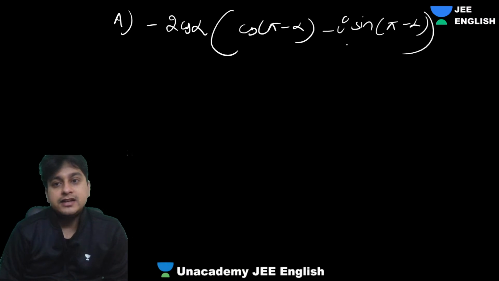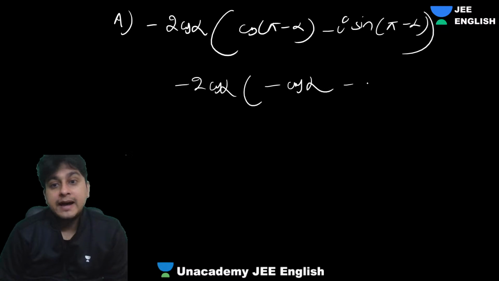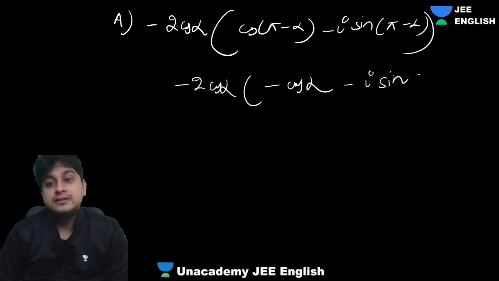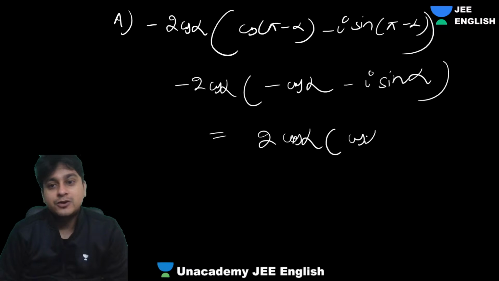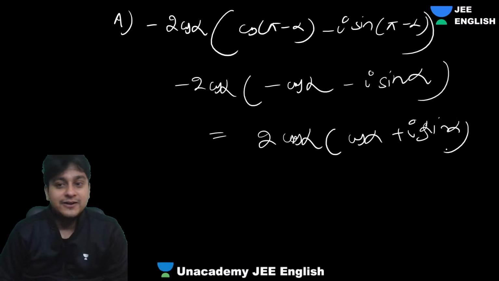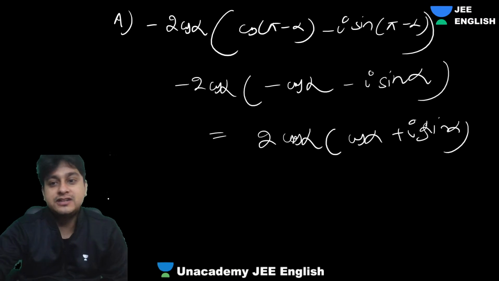So minus 2 cos alpha, cos of pi minus alpha is minus cos alpha, and this will be minus I sine alpha. Minus minus will become plus, so we'll get 2 cos alpha times cos alpha plus I sine alpha. So this is actually matching the original one.